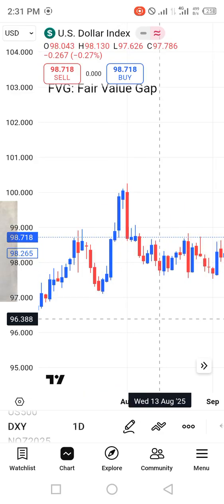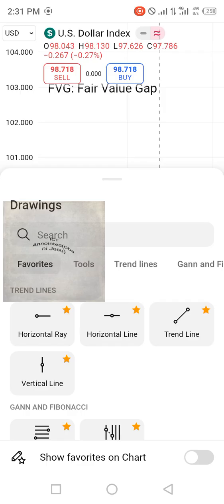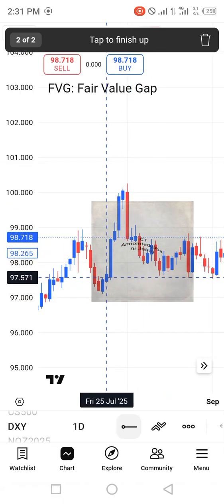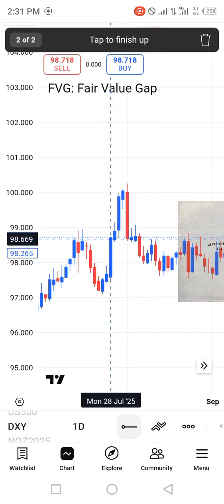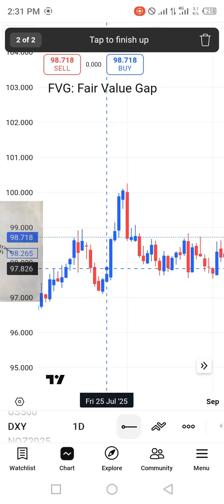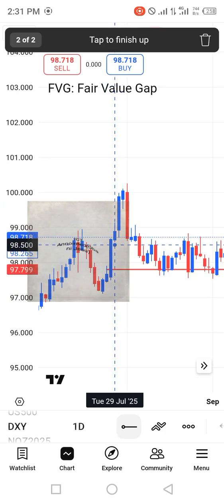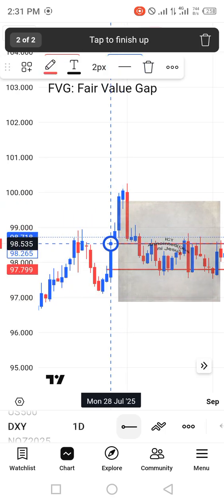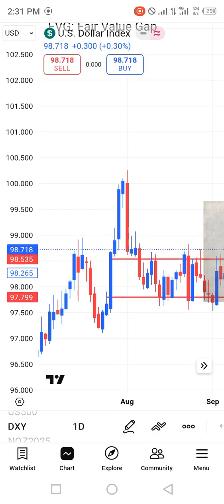So in this example, you can see we have candle 1, we have candle 2, the run up, we have candle 3.